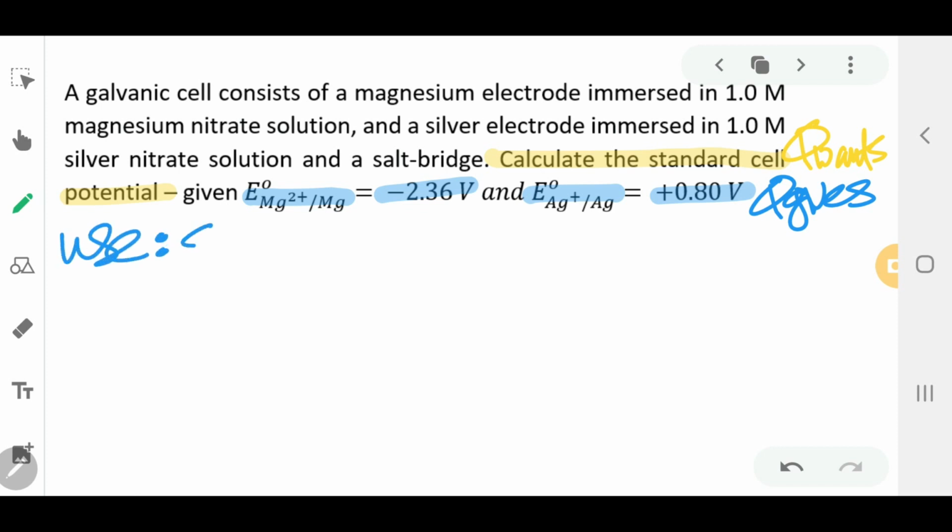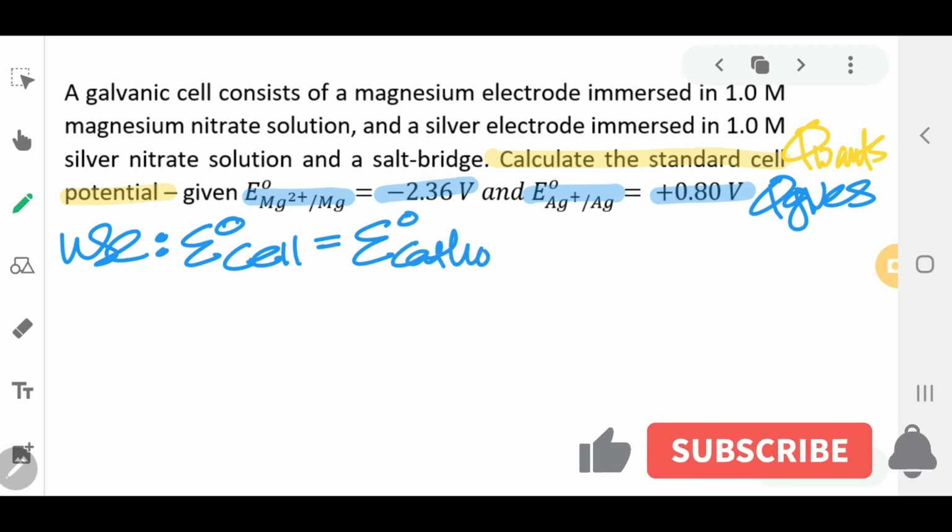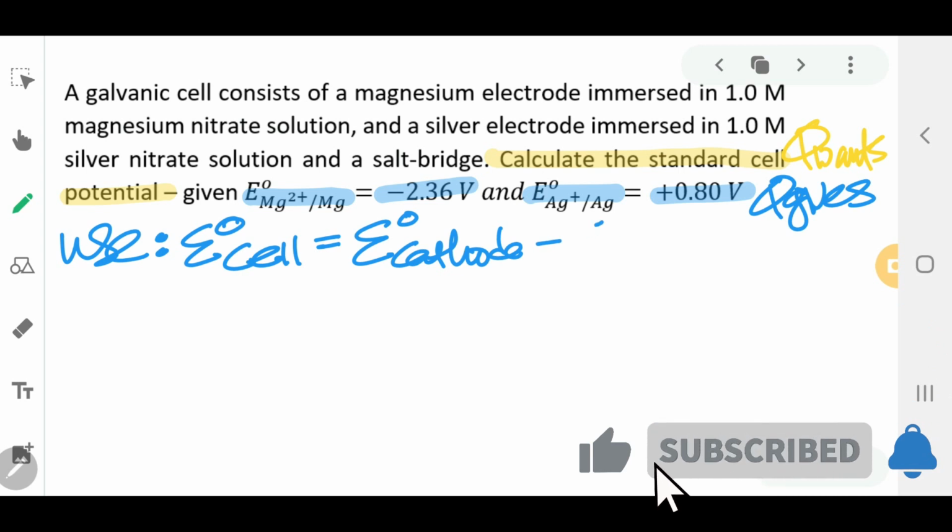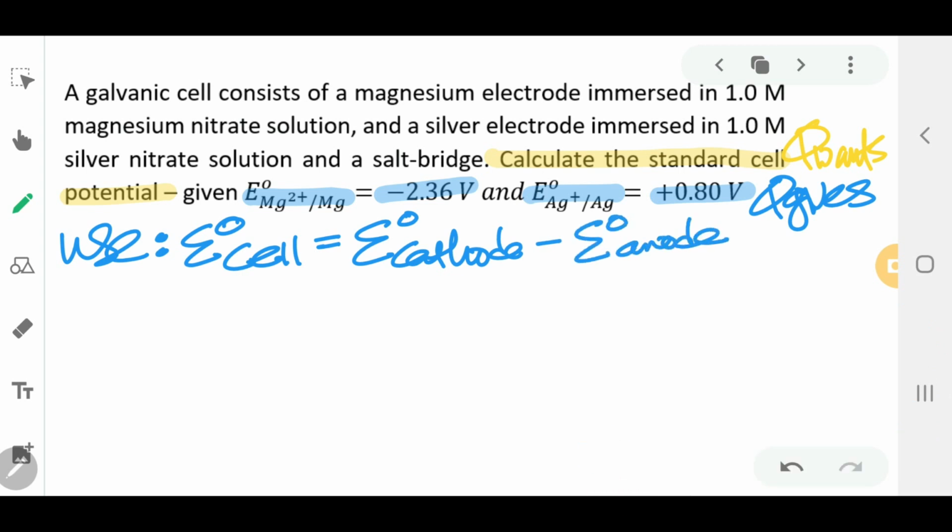So the first thing we need to do is use the formula E naught cell equals E naught cathode minus E naught anode. Note that we have the words cathode and anode, and two SRP values given to you. You need to identify between the magnesium half cell and the silver half cell which one will be at the anode and which at the cathode.